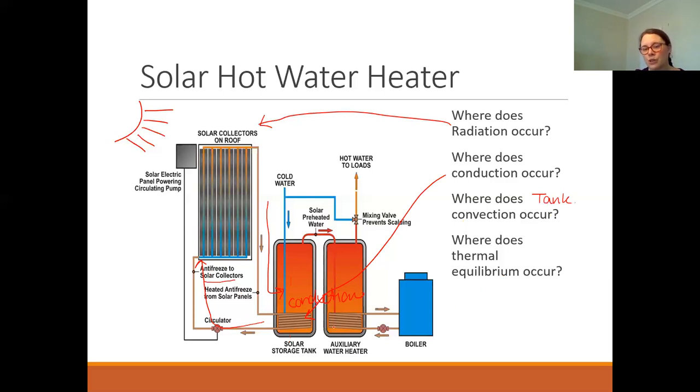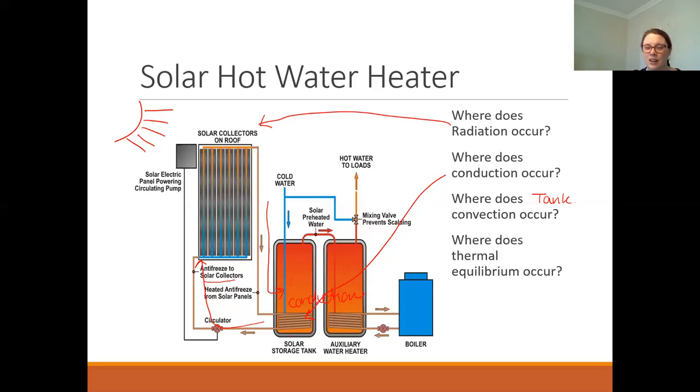We're aiming for thermal equilibrium inside our tanks. We want both tanks to end up at the same or close to the same temperature. The warm water coming in heats up the cool water. It may never quite reach thermal equilibrium because this is a system that's always changing, but if it was allowed to sit long enough, the water would come to thermal equilibrium.